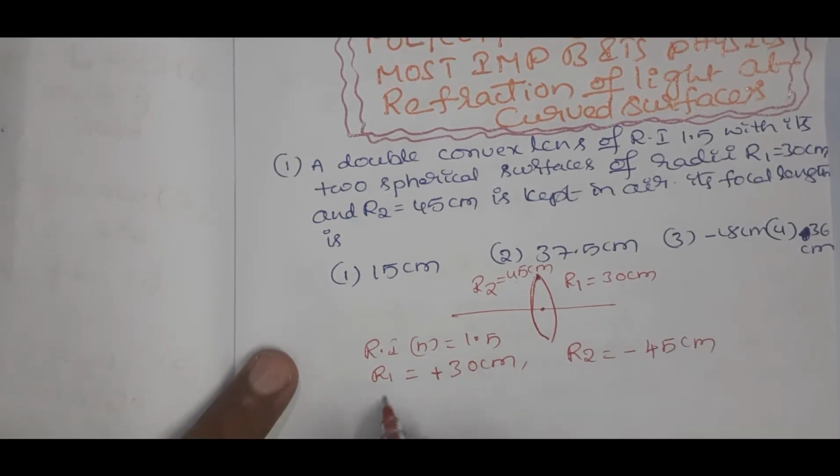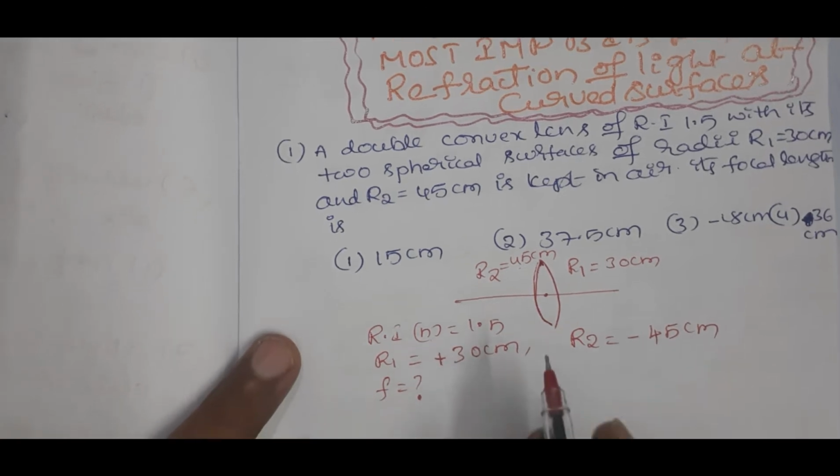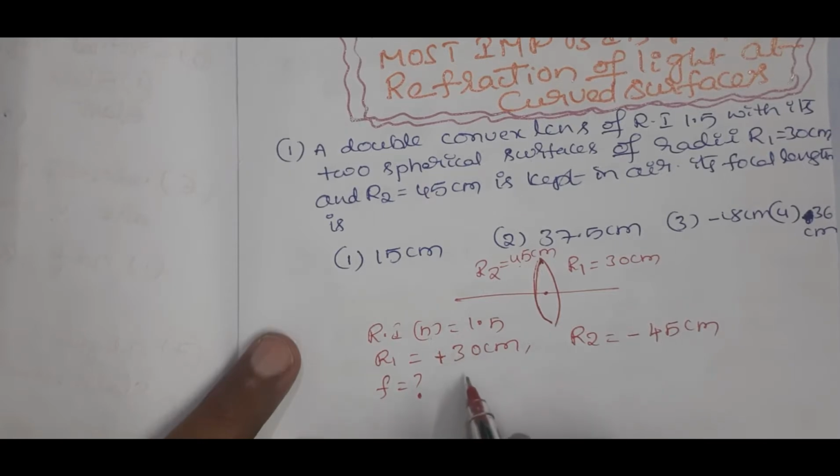Now we want to find the focal length. The given quantities are n, r1, r2, and the quantity to be found is f. The relation among these is the lens maker's formula: 1 by f is equal to n minus 1 of 1 by r1 minus 1 by r2.